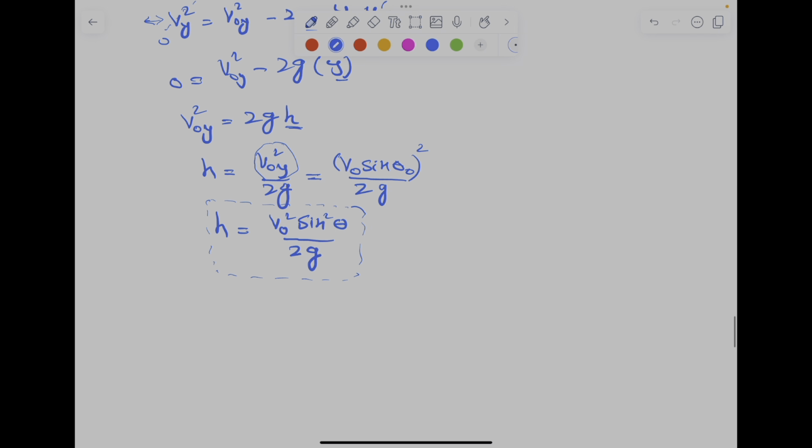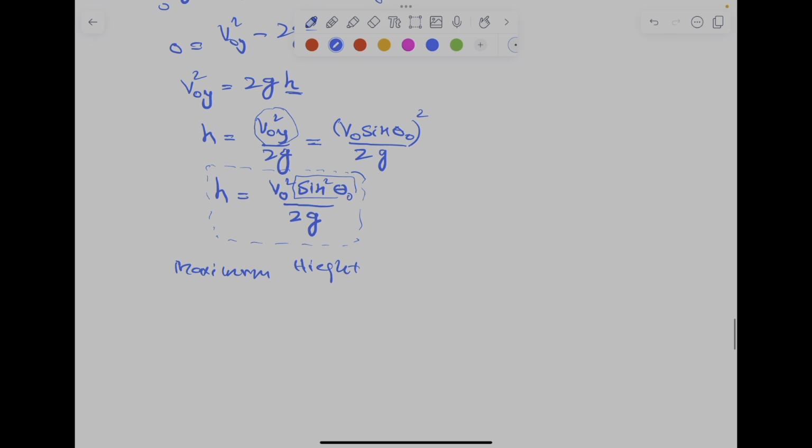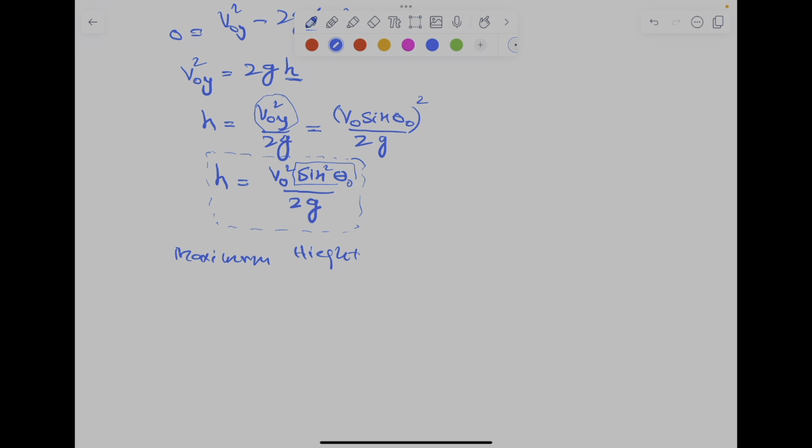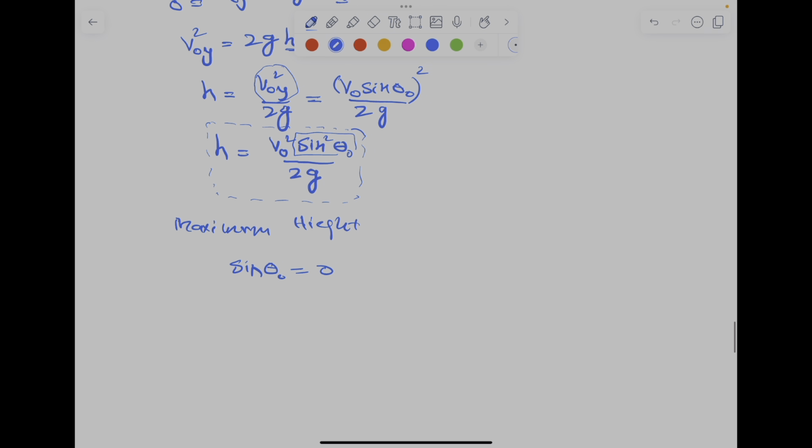So what we wanted to know is the maximum height. We have angle theta naught, so we have sine squared theta naught. When sine theta naught goes to 0, theta goes to 0, and when sine theta naught is maximum, which is 1, theta is 90 degrees.